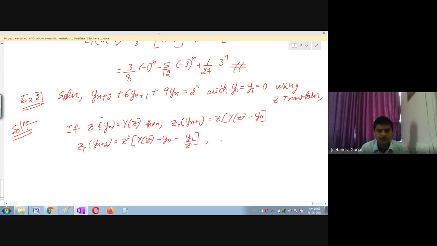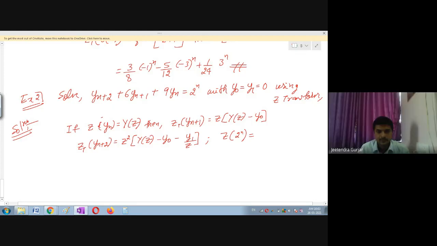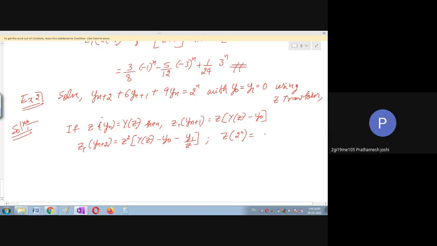And please remember, when you are going to take the z transform of 2 raised to n, please tell me, anyone, Kaustav beta, please tell me z of 2 raised to n. Yes, Manoj, please tell me what is the formula you are going to write.